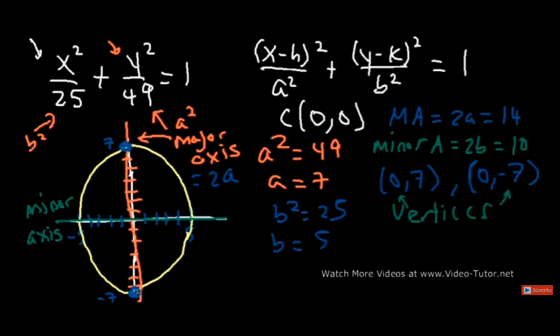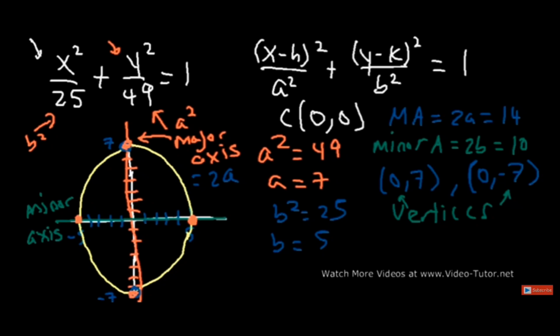Some books will call them the major vertices, and other textbooks will call the endpoints of the minor axis the minor vertices. If they don't use the word minor, then the vertices correspond to the endpoints of the major axis. Now the only other thing we need to find is the foci.